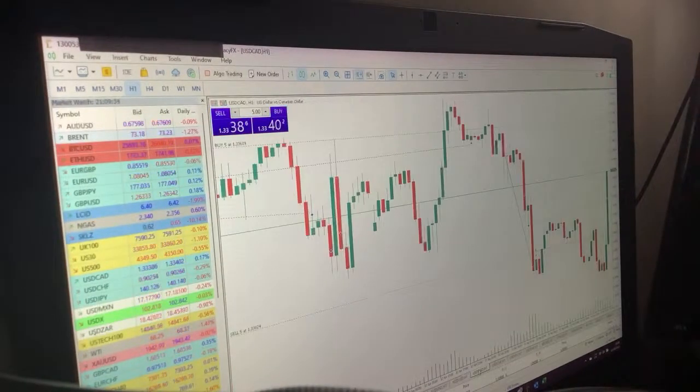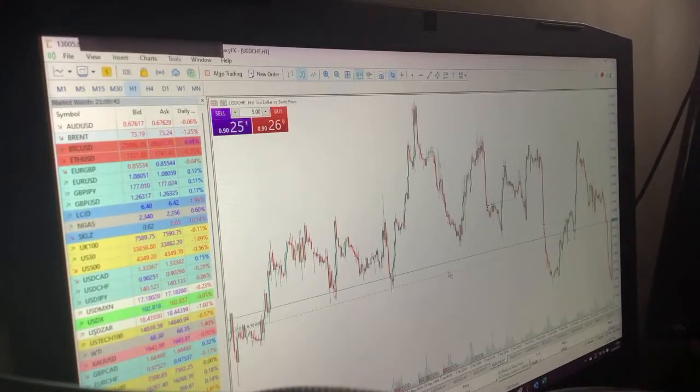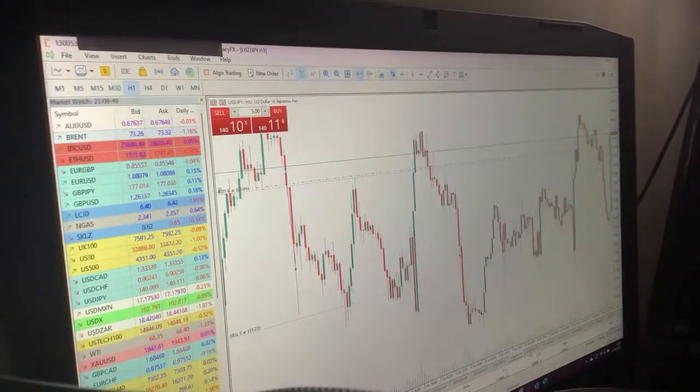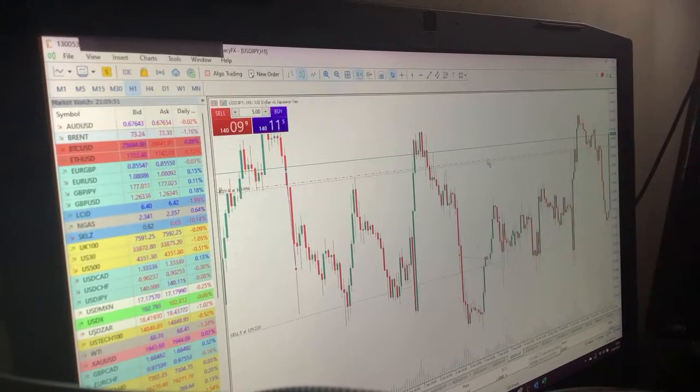Nothing triggered in New Zealand USD. USD CAD has closed the buy. So buy in USD CHF, I'm just going to protect it. So market will do recovery.